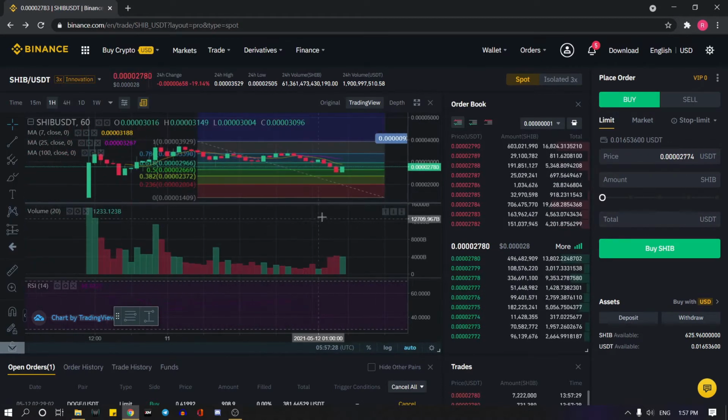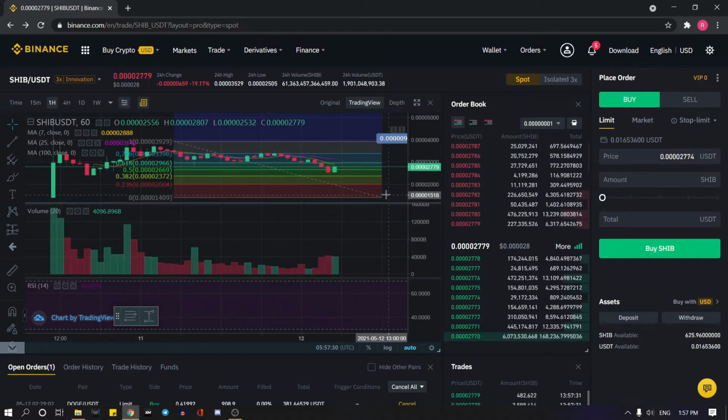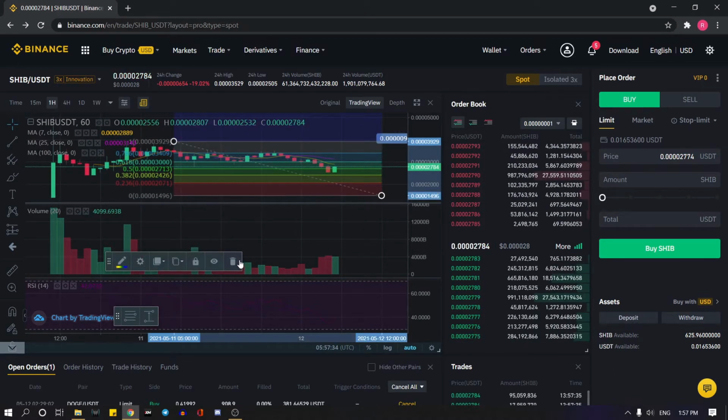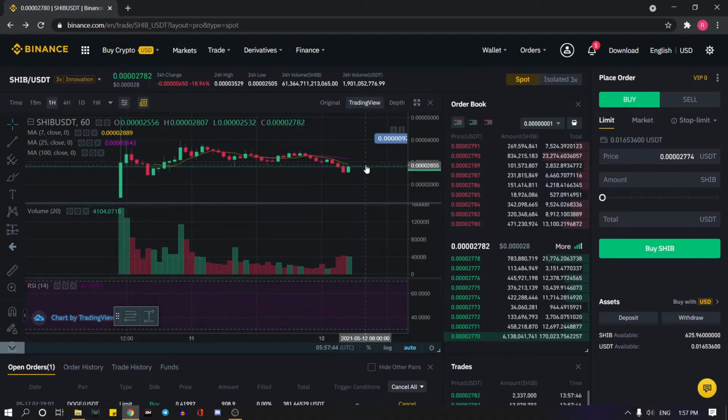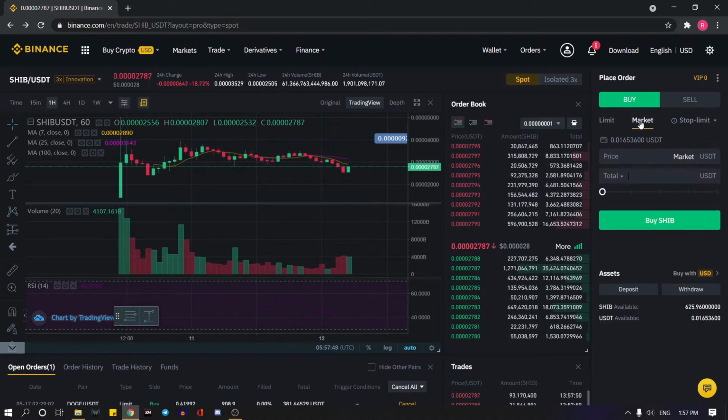So don't get confused with my indicators here. It's a Fibonacci retracement. So let me just delete that so we can see it clearly. Okay, I actually missed the candle here, but anyway, just for it to show you guys. Its current price is 27.80. Okay, let's go for the market price.